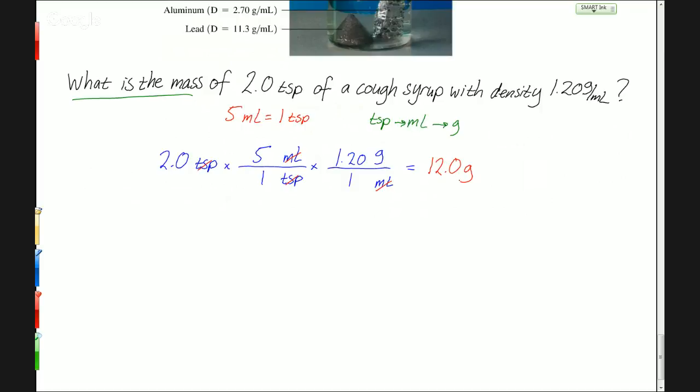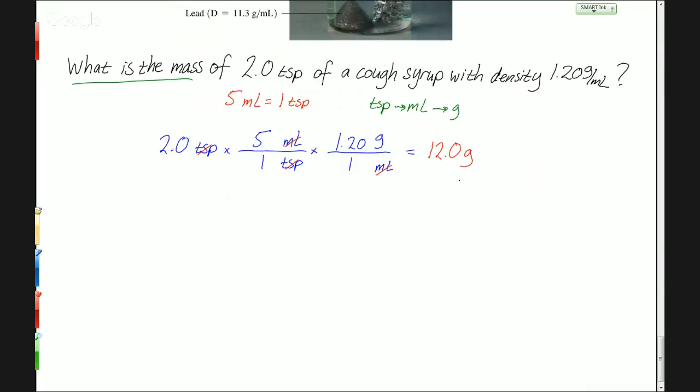Always make sure to have your units on the answer. The main thing to note about this is that even though we used the density, we didn't do anything else different. Density was just a way of relating mass and volume, and that's all.